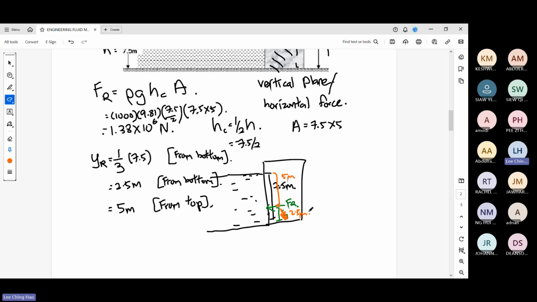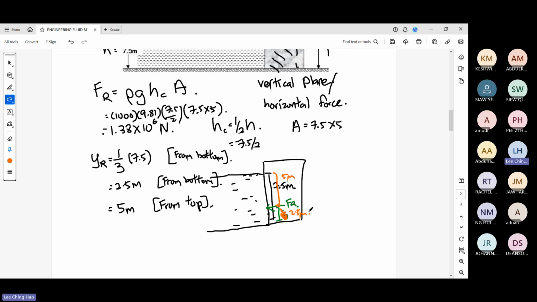You can just write 2.5 from the bottom, it will be fine. But now the question specified depth of location, so that's why you need to write 5 from the top. So this is the hydrostatic force for the vertical plane.